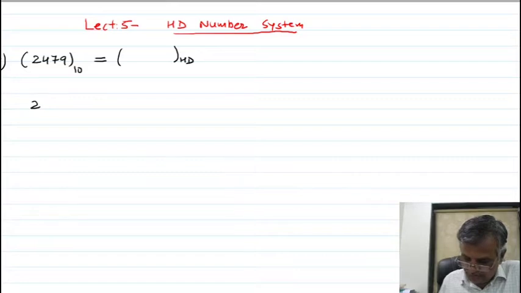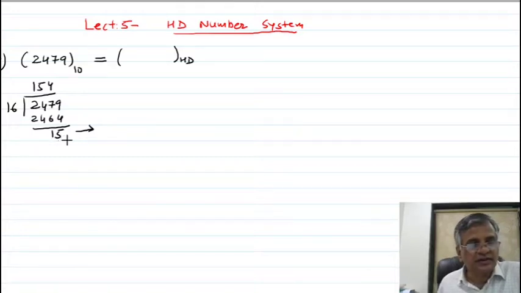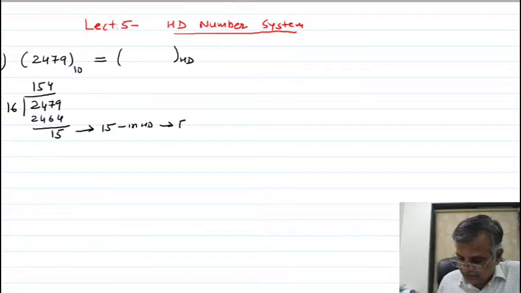You already know the method. 2479 divided by 16, the quotient is 154, and you will get 2464, and the remainder is 15. 15 is the remainder in decimal, but in hexadecimal, 15 is nothing but F. So we have to write F.